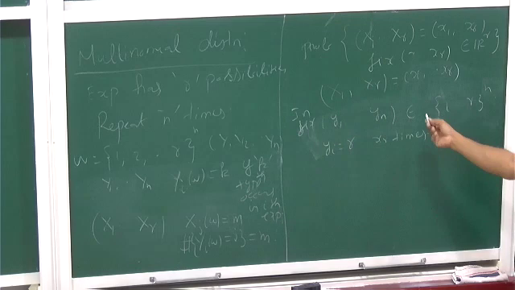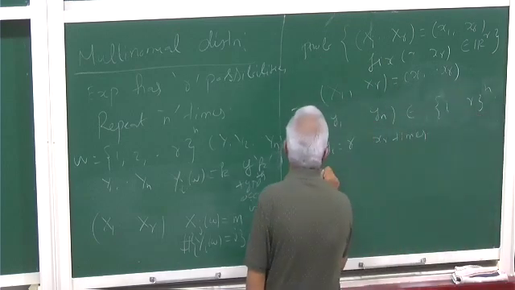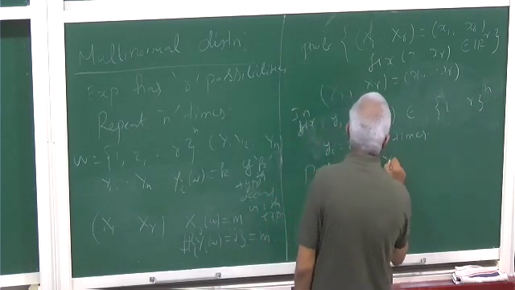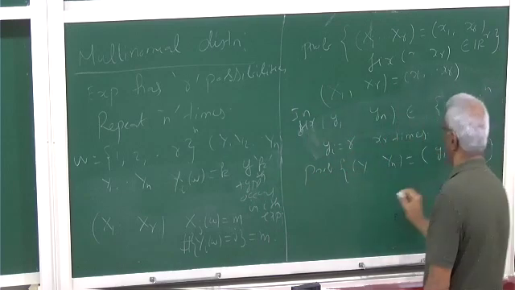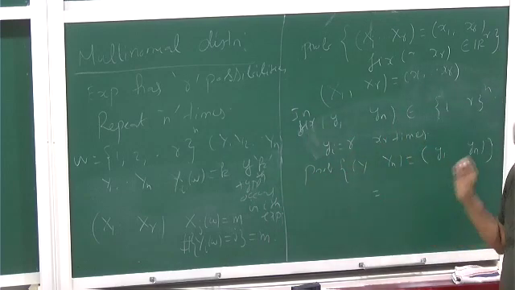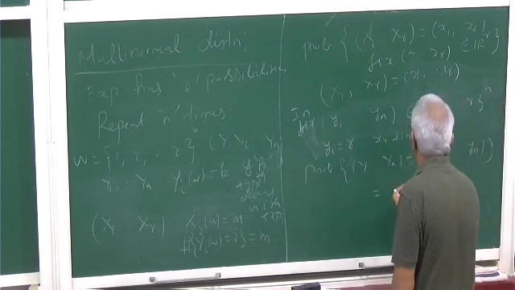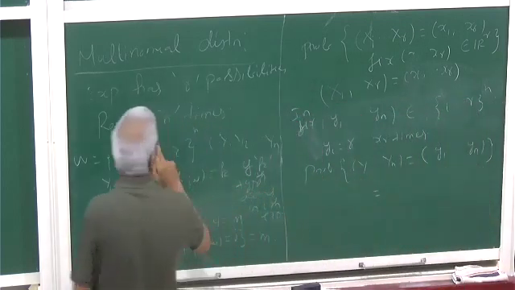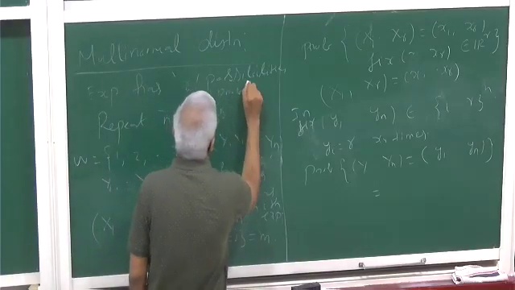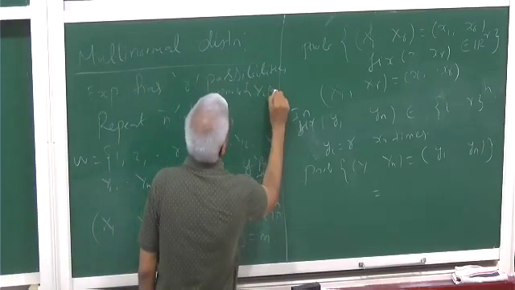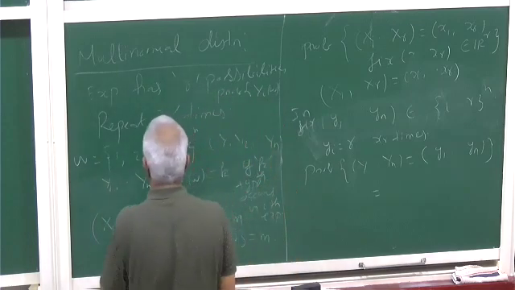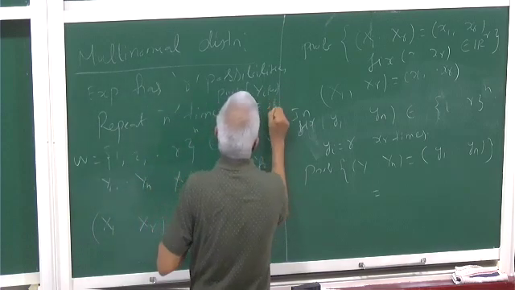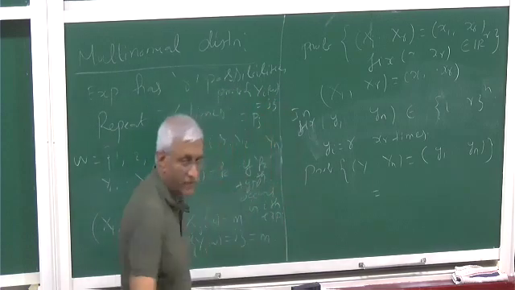Then the probability of y1 up to yn equal to this particular y1 up to yn is clear. Now let's assume the probability that yi omega equals some j is pj.